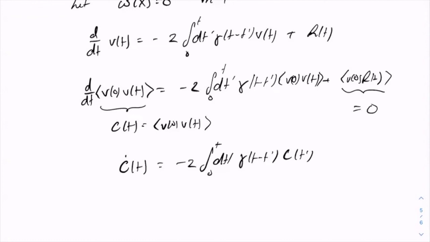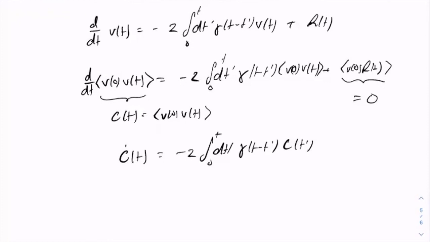Again, those random forces are the forces of the bath in the absence of any solute interaction. So those can't be influenced by the velocity in the past of that solute. And so now we have a closed expression here for the velocity-velocity autocorrelation function.